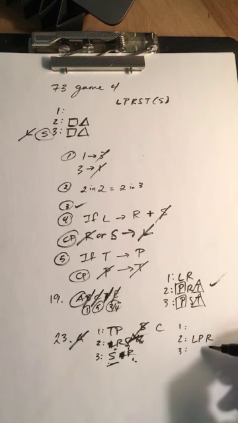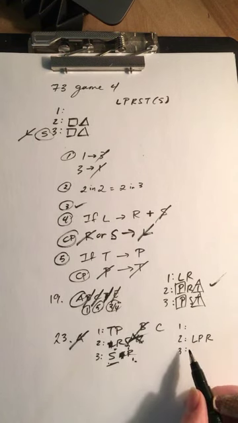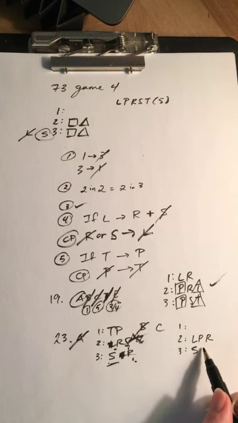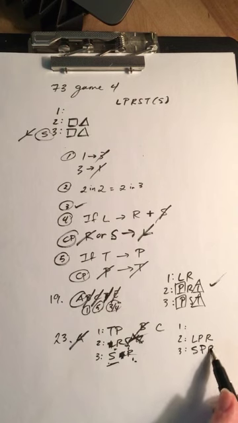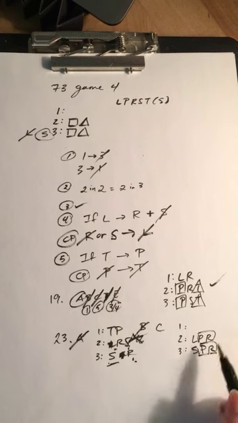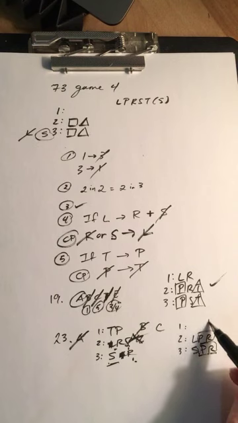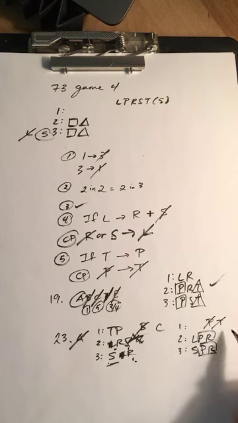Snapdragons can't have lilies, but we could have peonies and roses in common. That's fine. But then we can't have peonies up here, we can't have tulips because we can't have peonies.